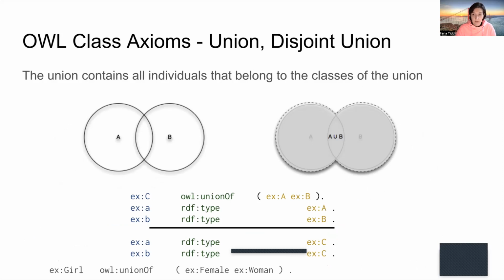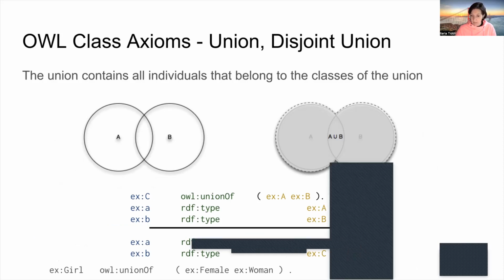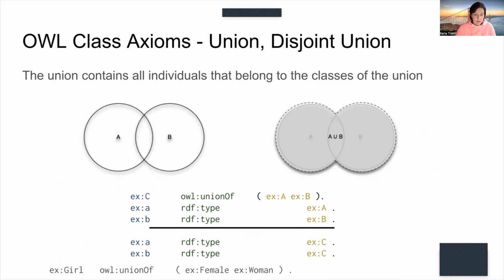The union and disjoint unions are concepts that allow you to combine classes among each other. If we declare that a class is the union of two other classes, it means that the instance of that class will belong to all the classes which belong to the union.